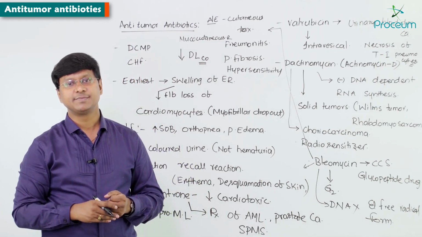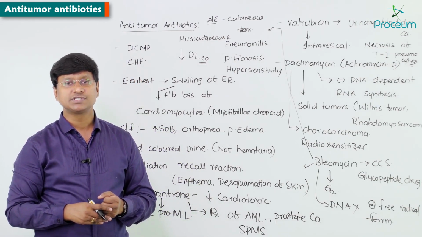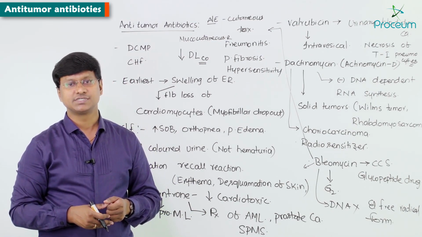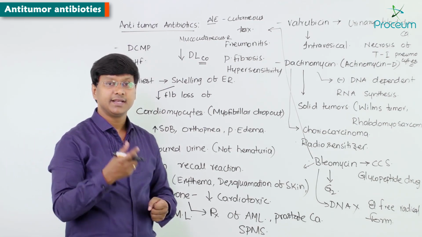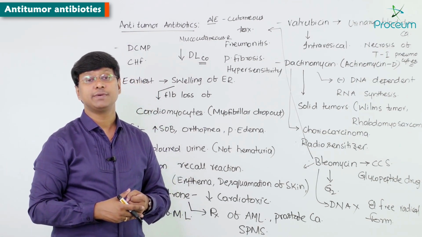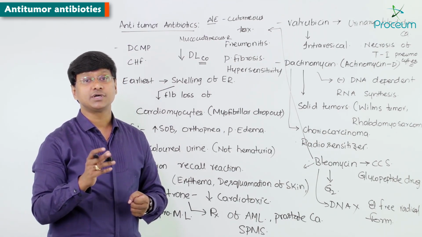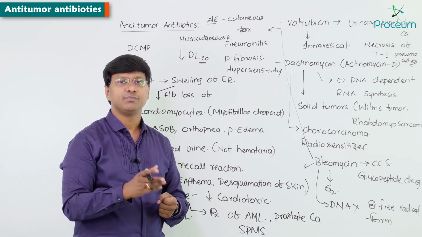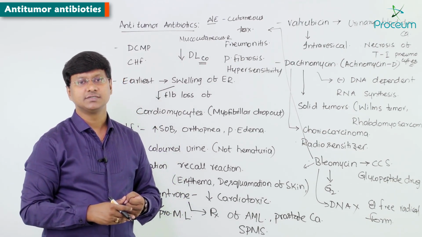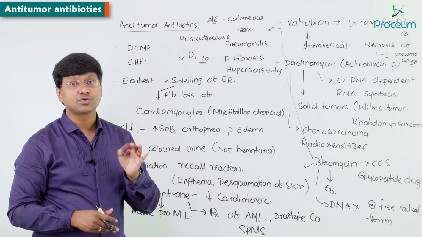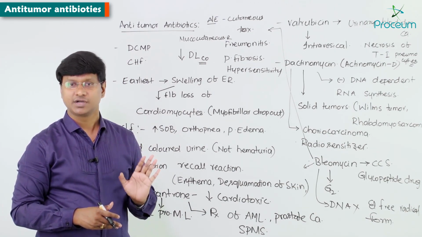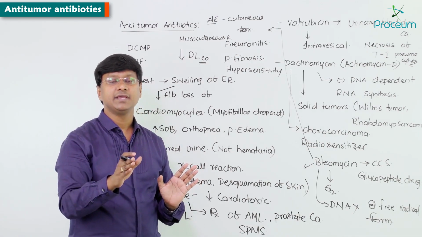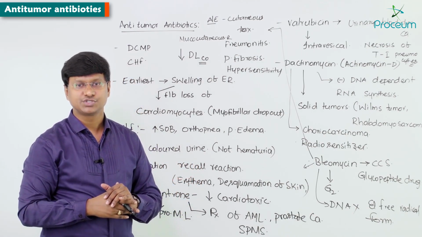Now, remember, we have an entity called bleomycin toxicity. Bleomycin toxicity may become apparent after exposure to transient very high inspired oxygen, because bleomycin dependent electron transport is dependent on oxygen. So remember, in bleomycin toxicity there may be a defect in the electron transport chain.